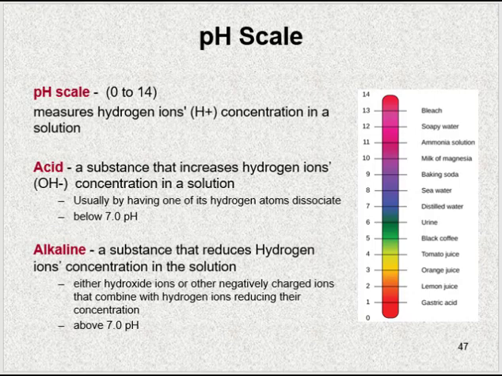For a substance to be alkaline or basic, the substance would decrease in hydrogen ion concentration. Neutral on the pH scale is a 7. Anything below a 7 is considered acidic. Anything above a 7 is considered basic or alkaline.